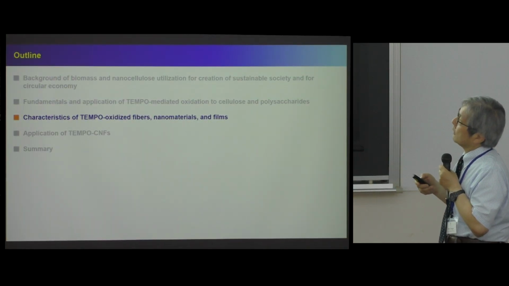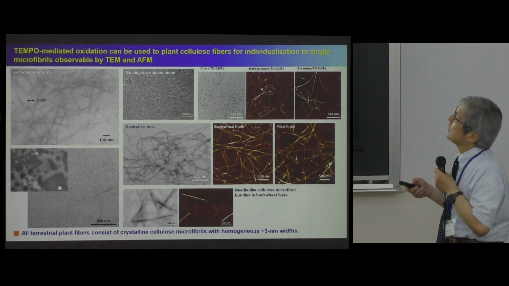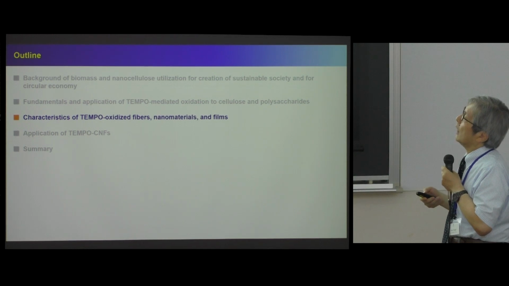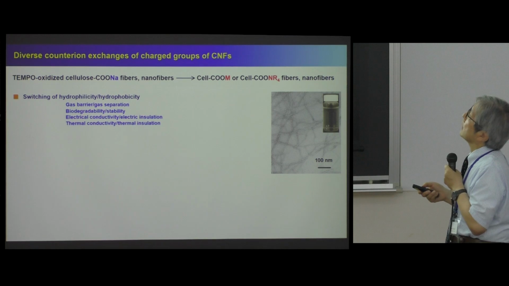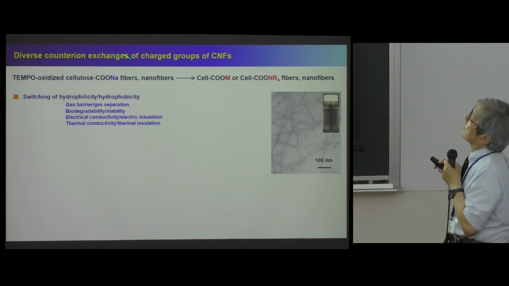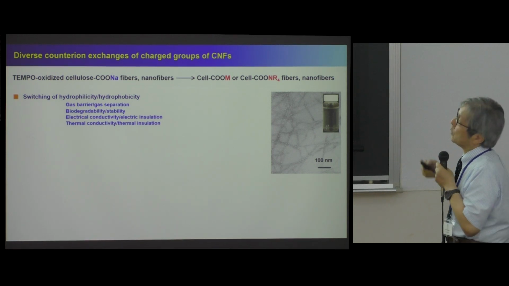But on the other hand, we also try to apply not only scientific matters, but also some applications with companies or institutes. The reason is that TEMPO-oxidized cellulose fibers and also nanofibers have abundant sodium carboxyl groups, which can be converted to other metal ions or alkyl ammonium ions by simple ion exchange in water system.